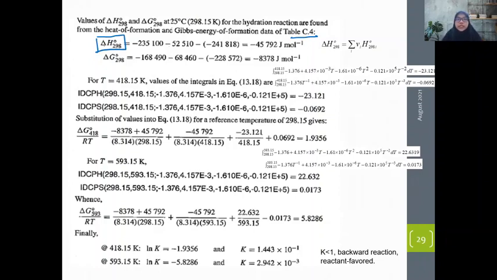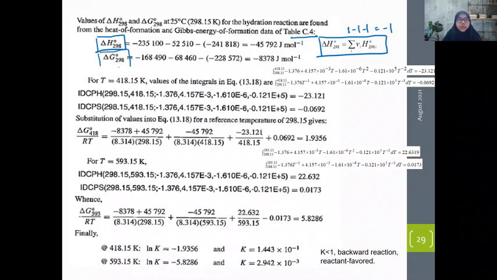You may use this correlation by considering the stoichiometric numbers of the species. Since all the species have a stoichiometric number of 1, we have a total of 1 minus 1 minus 1, so it gives us minus 1 to obtain the standard delta H at reference temperature.